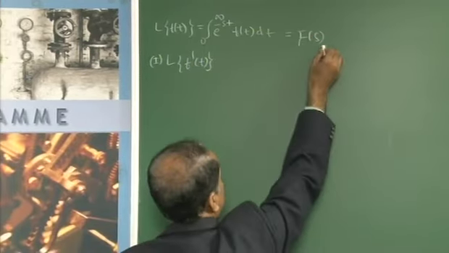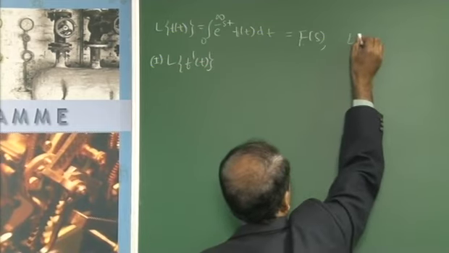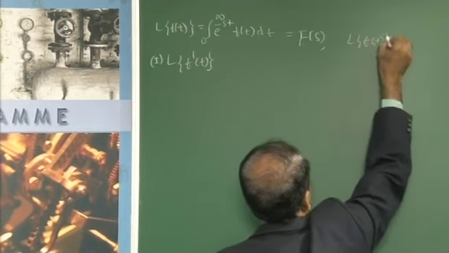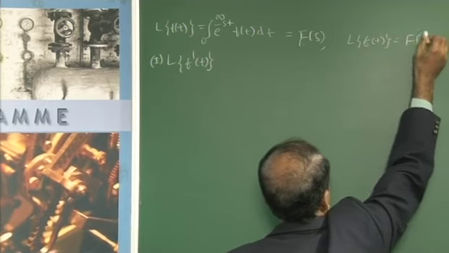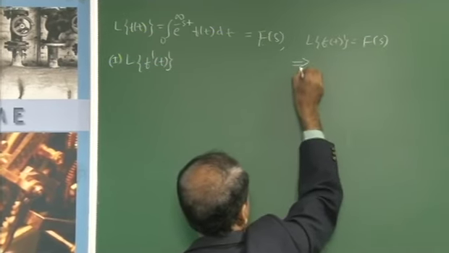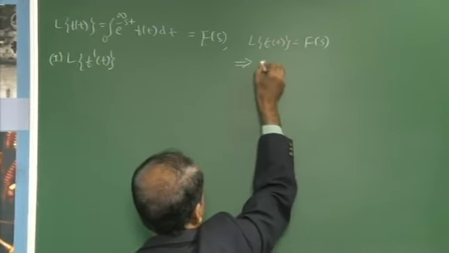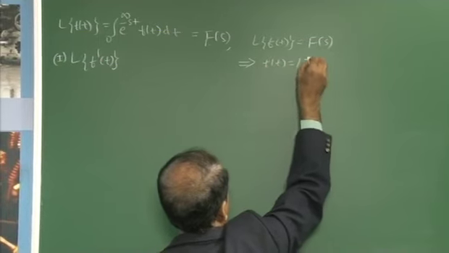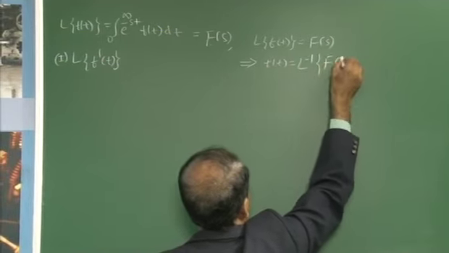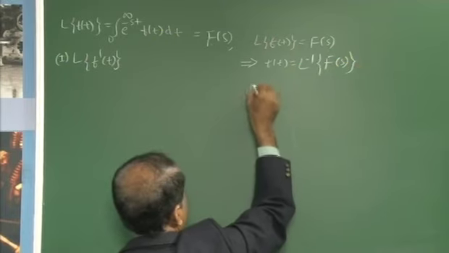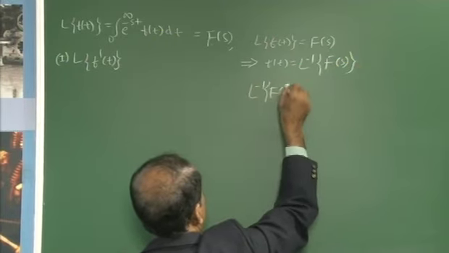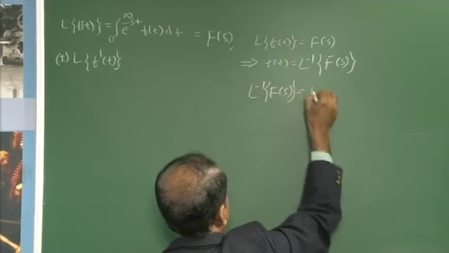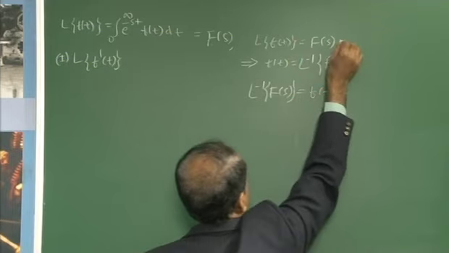And along with this you need to know L of f t is equal to f of s implies f of t is equal to L inverse f of s. Otherwise, L inverse f of s is equal to f of t.